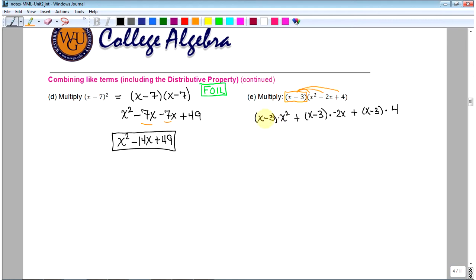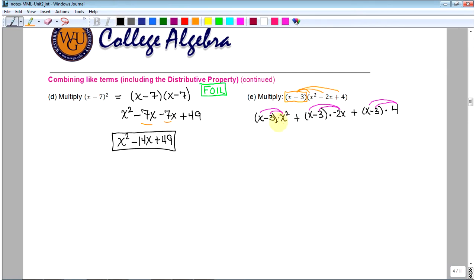So if you want to rewrite this, you can, but you don't need to. I know that I'm going to have to distribute that x squared to everything inside of my parentheses. I'll have to distribute my negative 2x to everything in my parentheses, and I'll also have to distribute that 4 to everything inside my parentheses.